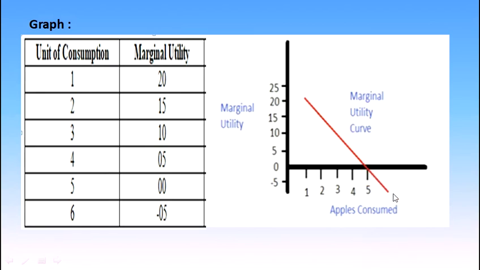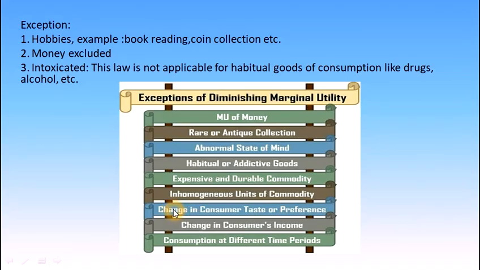It becomes negative. So you can see here we are getting a downward sloping marginal utility curve. Till this point it is positive and continuously falling. At this point it becomes 0, and afterwards it becomes negative. So this means that as the consumer consumes more and more units of a commodity, the marginal utility keeps on falling. So this was our law of DMU.